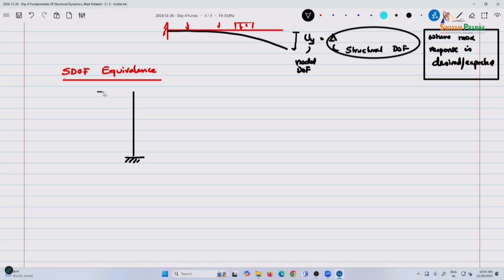So if I have a structure that is subjected to a wind load, and say it is a cantilever, and it's going to deflect in this manner, this is delta, and if this is L, we assume initially elastic behavior.